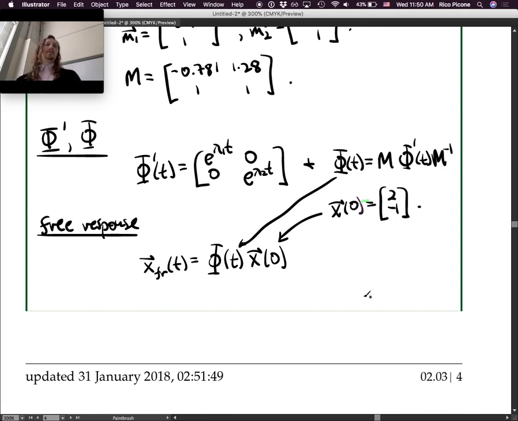So we compute it, and that's it. There's a little bit of kicking around numbers there, right? But overall, not too bad.